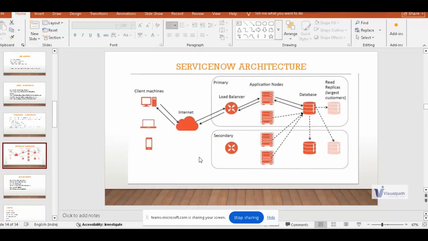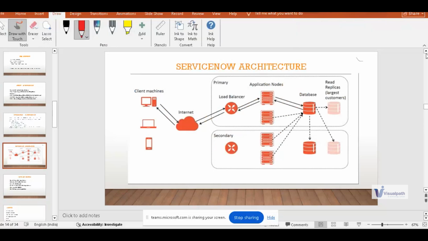So the architecture of ServiceNow: we make the request from the client machine, the request goes to the load balancer, and then it goes to the application nodes, and then all the data is available here.